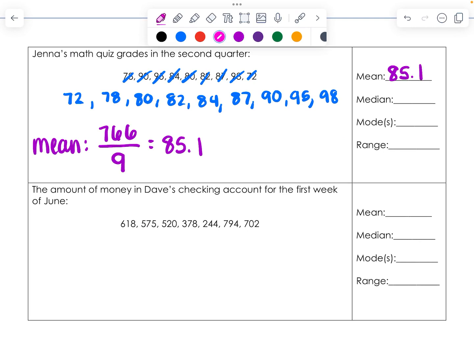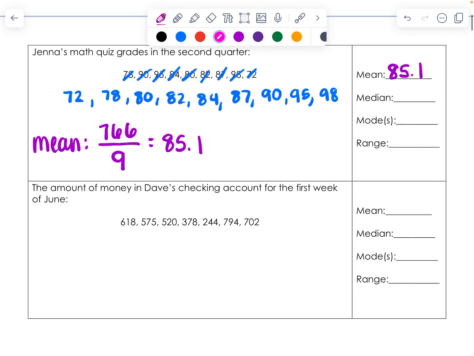My median is my middle number. So to find that, I'm going to cross off 1 on either end until I find the middle. And there is my middle. It is 84. For my mode, that's the number we see the most often. Currently, every number is only listed 1 time.